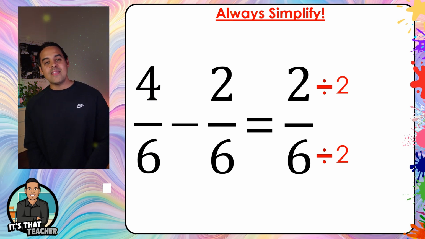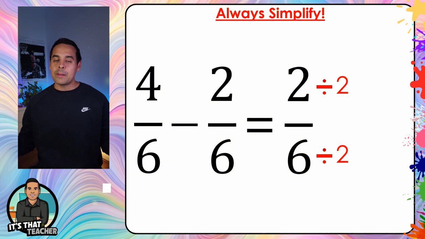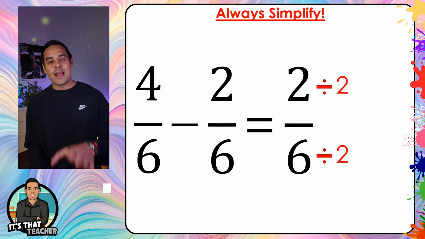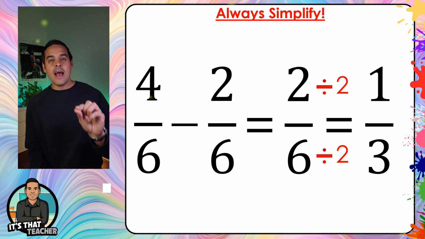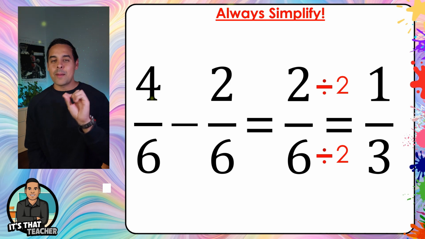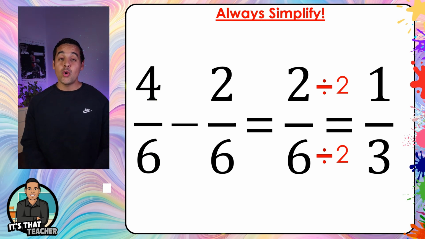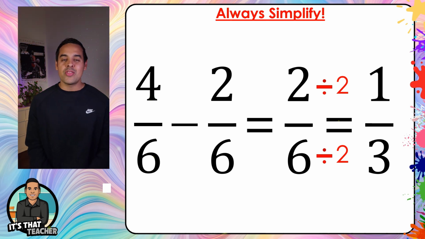Now, I highly recommend that you rewrite your question here. It will eliminate any simple mistakes which are completely avoidable if you write your numbers neatly. So, we simply work this out. 2 divided by 2 is going to be 1. 6 divided by 2 is going to be 3. Your simplified fraction here is going to be 1 over 3 or 1/3.